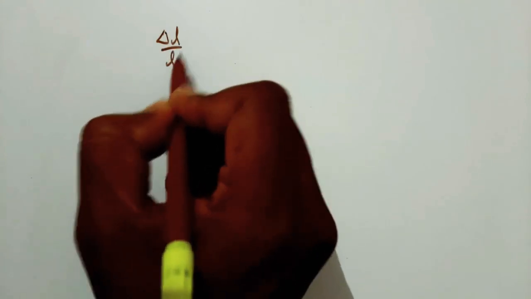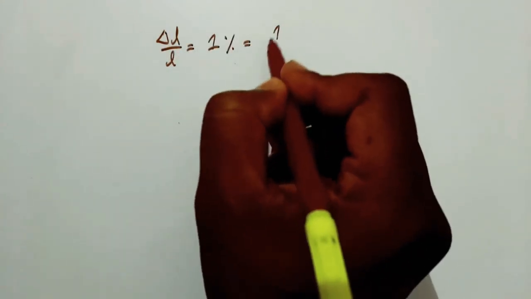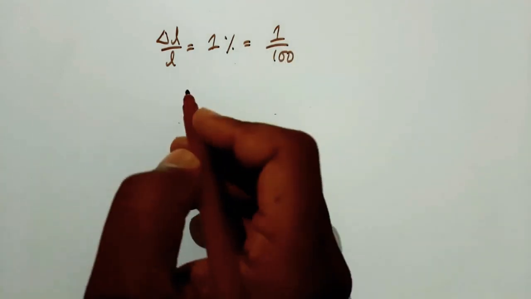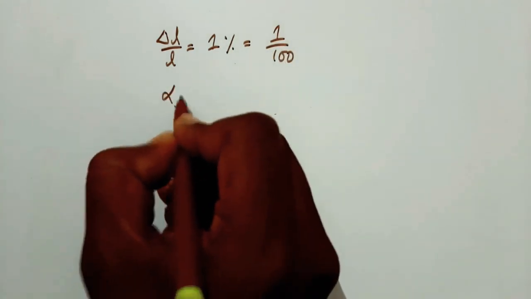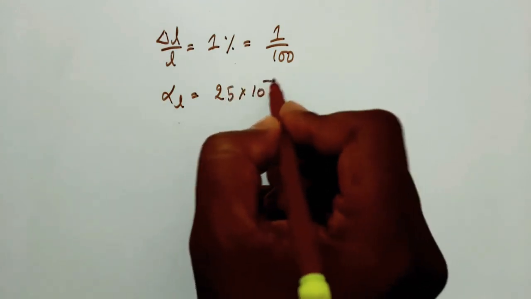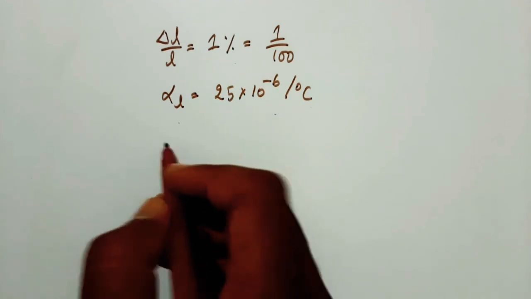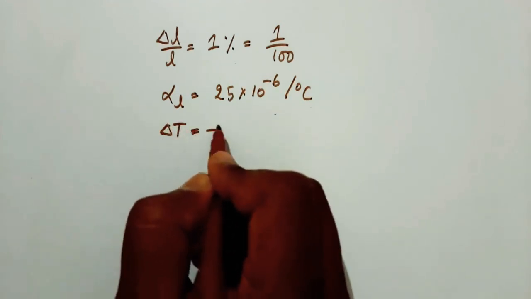In this problem, the increase in the length of the rod is given, that is 1%. So del L by L is 1 by 100. And alpha L is given, that is 25 into 10 to the power minus 6 per degree Celsius. Here we have to find del T.